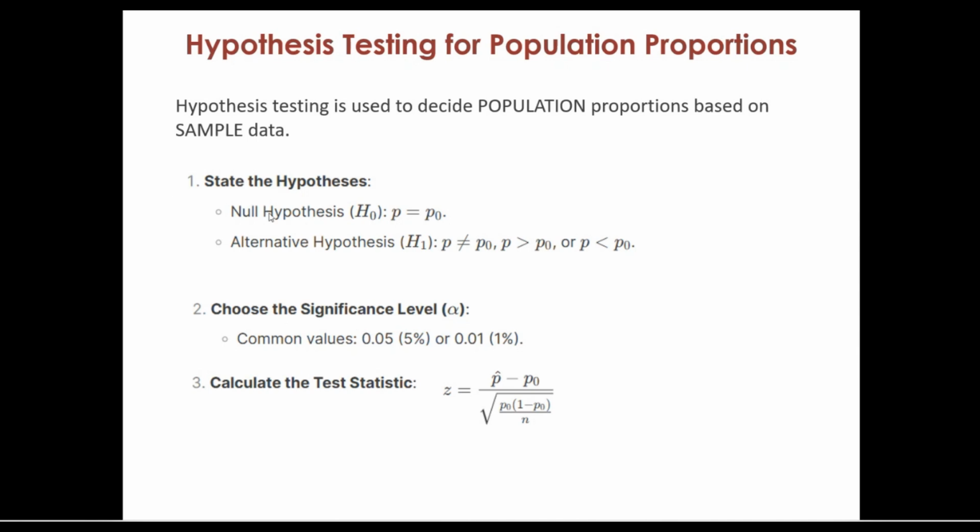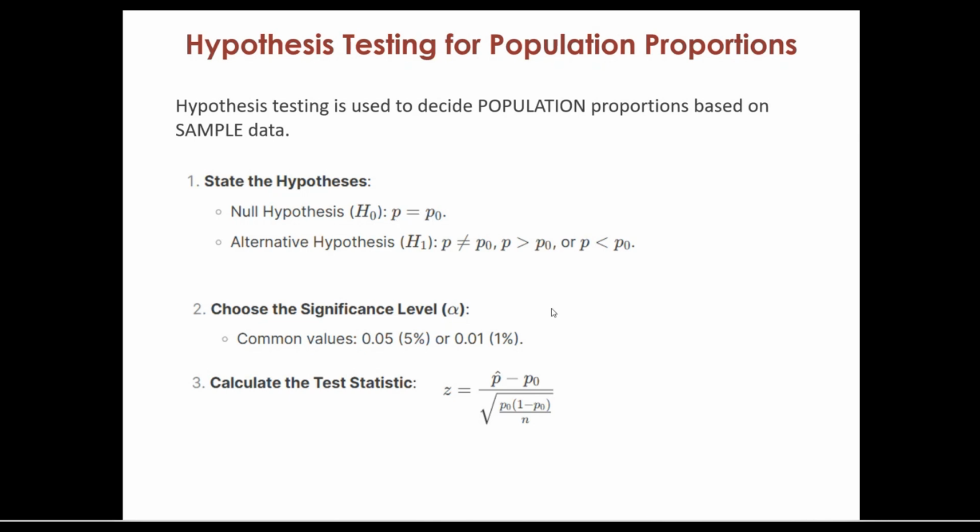It is maintaining the status quo: no difference between these two data sets. If the question doesn't mention the null hypothesis, you should know that whenever we talk about null hypothesis, we are saying there is no difference between these two data sets. That is one thing you must always remember.